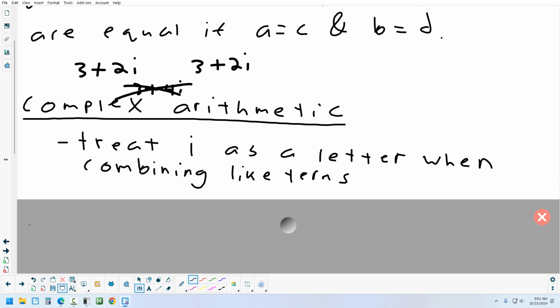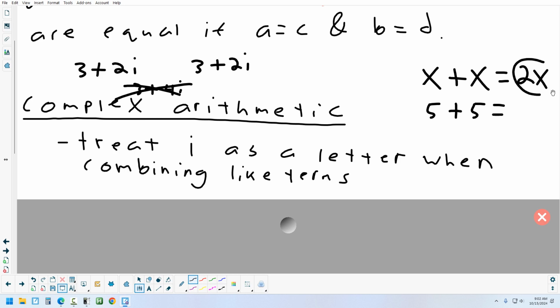So even though i is not a letter, when we are combining like terms, usually with addition and subtraction, we can treat it like a letter, and it will work. Same thing, like if you had x plus x, what is that? 2x. Now I want you to answer this question the same way. What's 5 plus 5?